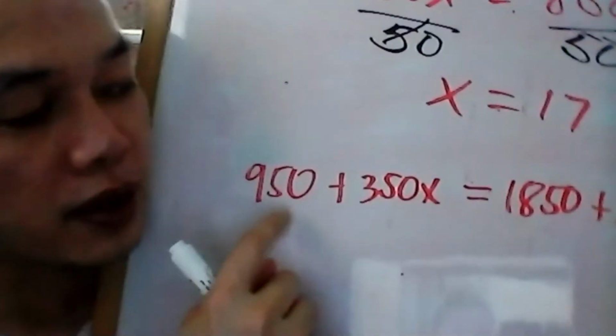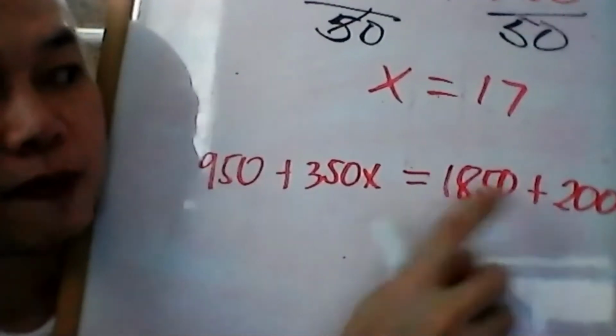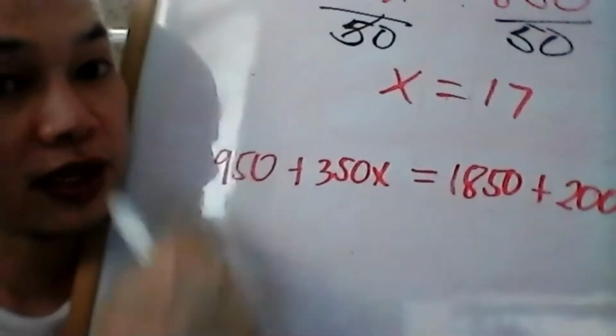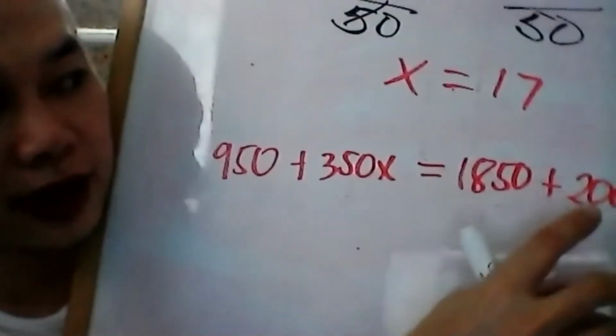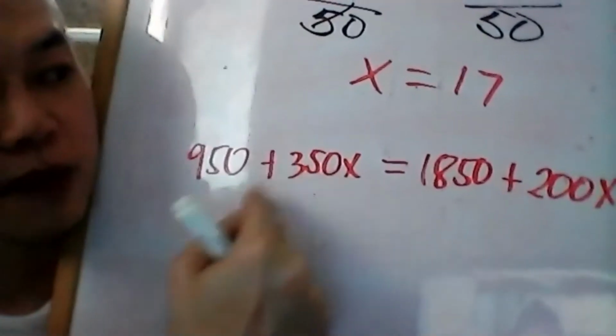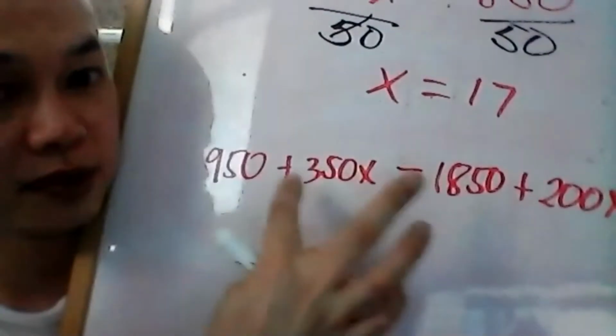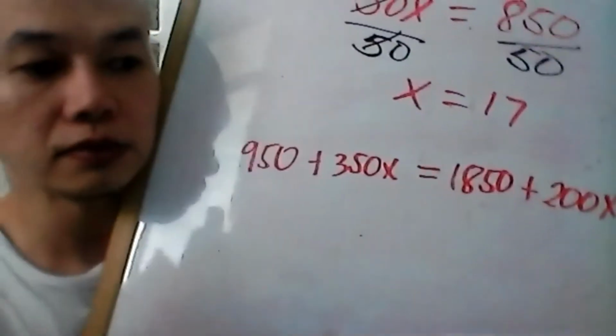Again, one more time: 1,850 minus 950, because you're going to move it there. And then this 200x here, you move it here. So 350x minus 200x, because they are the same variable.